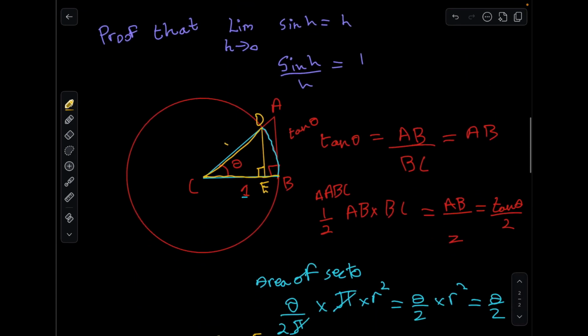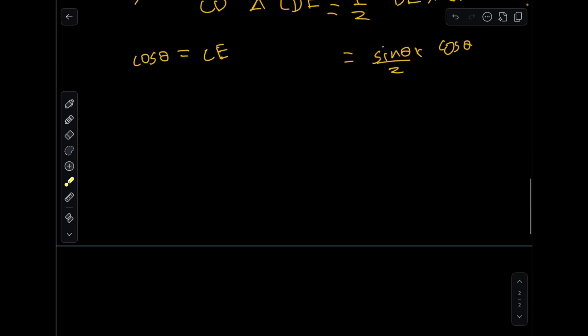Great. So now we can simply see that triangle ABC is the largest in area, the sector is slightly smaller, and then we have this smaller triangle, which is the smallest one of these.